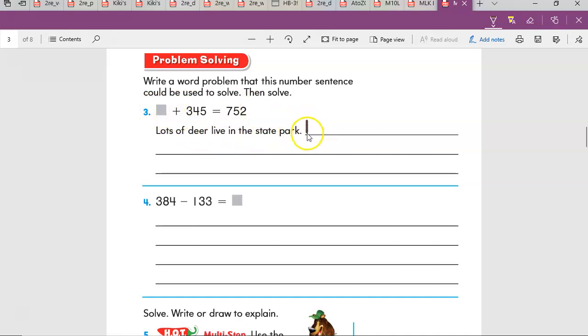There are some brown deer. Okay. There are some brown deer.